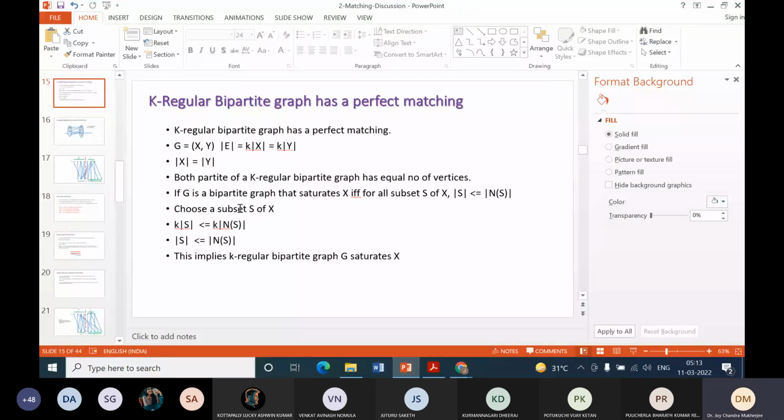We choose any subset S of X. How many edges are coming out of it? K into mod S. All these edges belong to NS. So they must be less than or equal to K into NS.